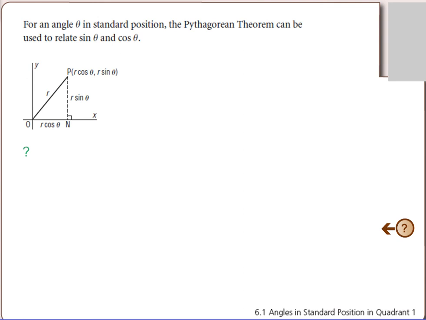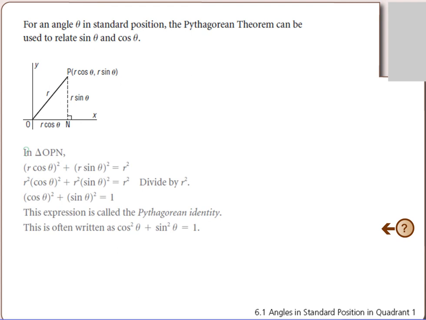The next page there, page 430, takes us through combining Pythagorean theorem and trigonometry together. We've already talked about x being r cos theta, y being r sine theta. So now we can bring it together and say r squared is equal to x squared plus y squared.